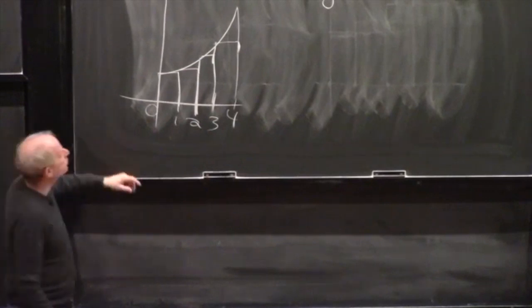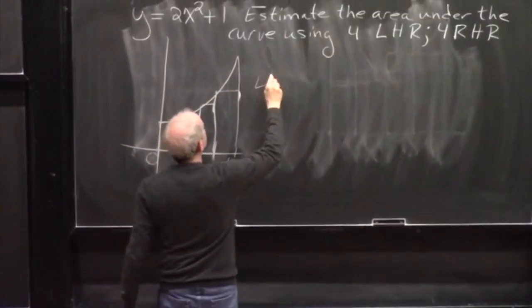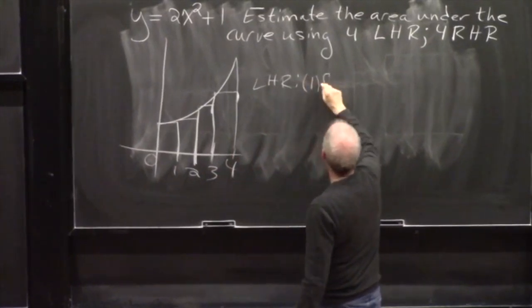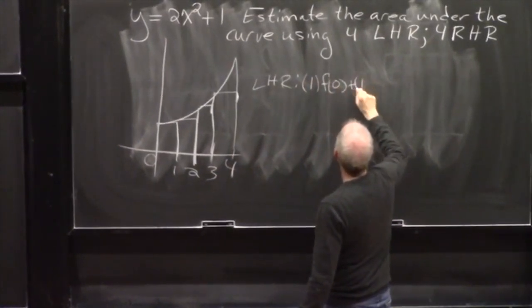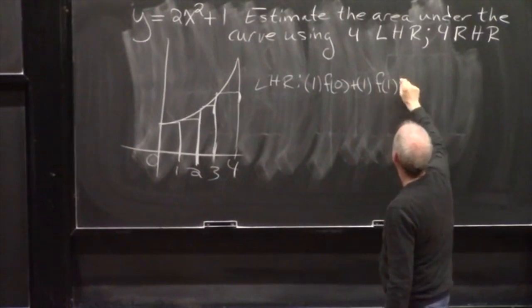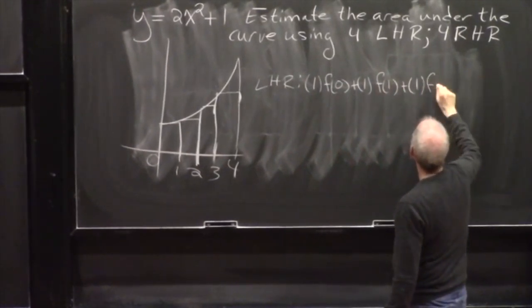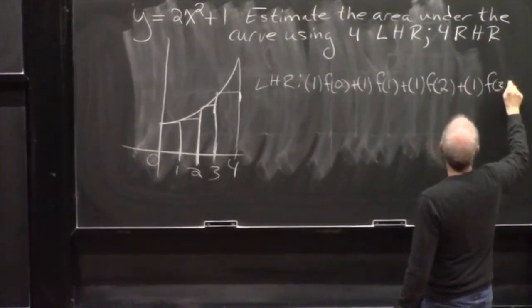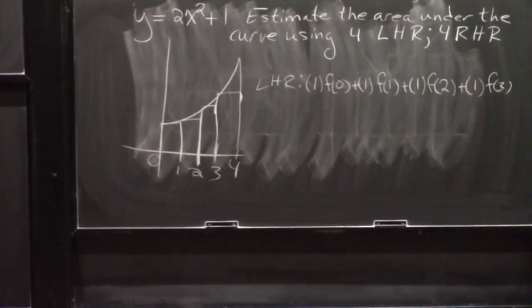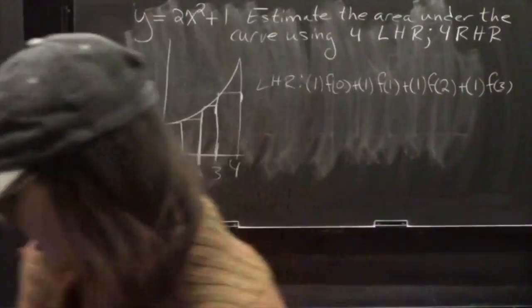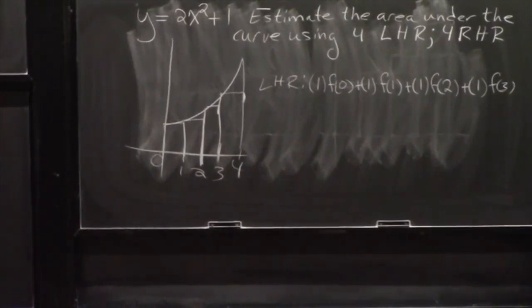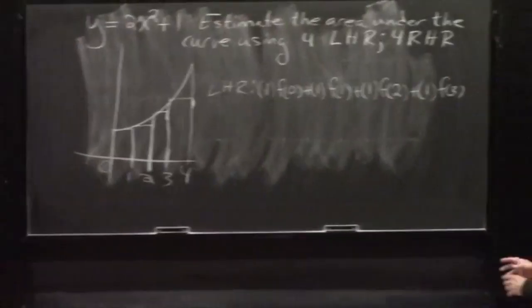The height of the first one, so if we're doing left-hand rectangles, it would be 1 times f of 0 plus 1 times f of 1 plus 1 times f of 2 plus 1 times f of 3. By the way, notice we're multiplying by 1 each time, but you could factor that 1 out. Since they all have the same width, you could pull that out. Because we're going to do one in a minute where the width is not 1. And you can simplify the arithmetic.